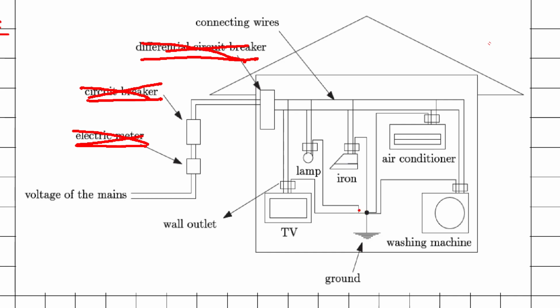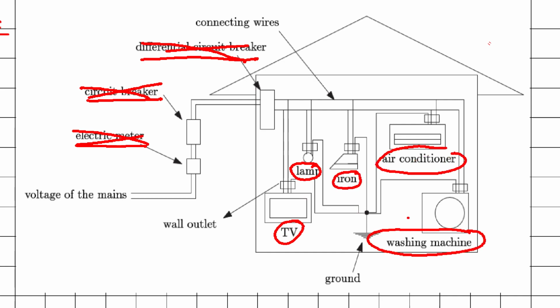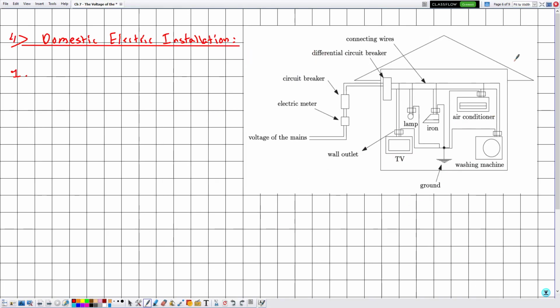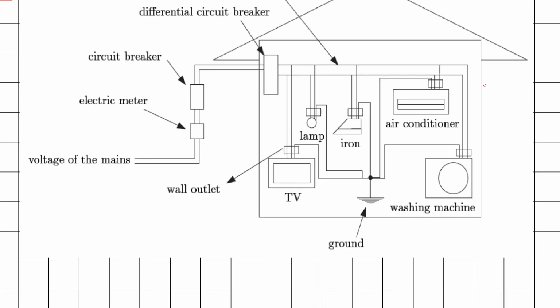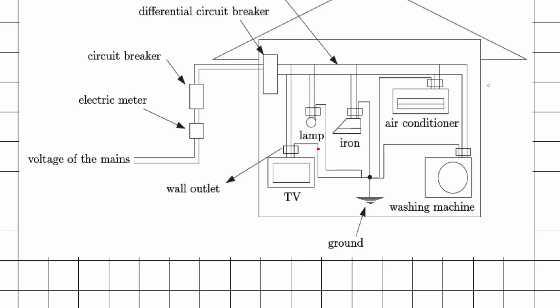So suppose that this house consists of a TV, a lamp, an iron, an air conditioner, and a washing machine. Okay, so now let's forget about the third wire coming from each electric component.